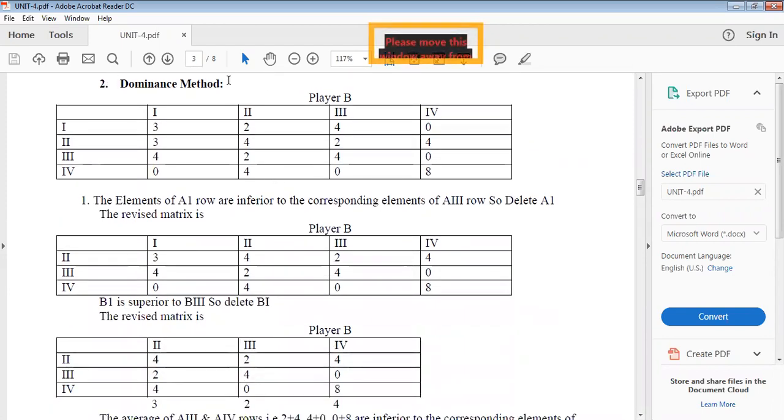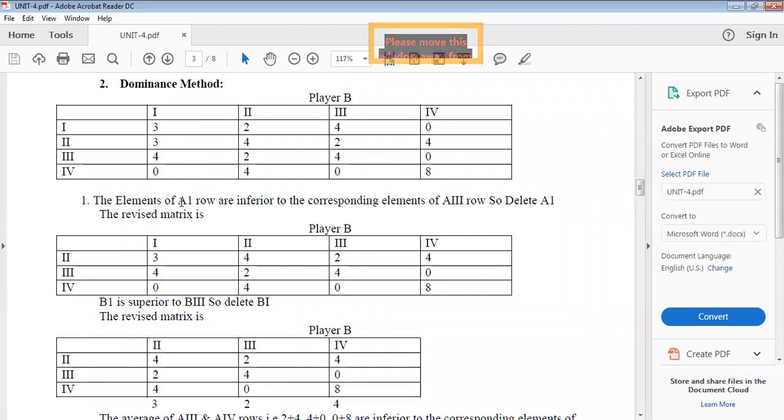Next, the dominance principle, the second method. In the dominance principle, first of all, you check the rows: 3240, 3424, 0240, and 0404, and which row is dominating which one.